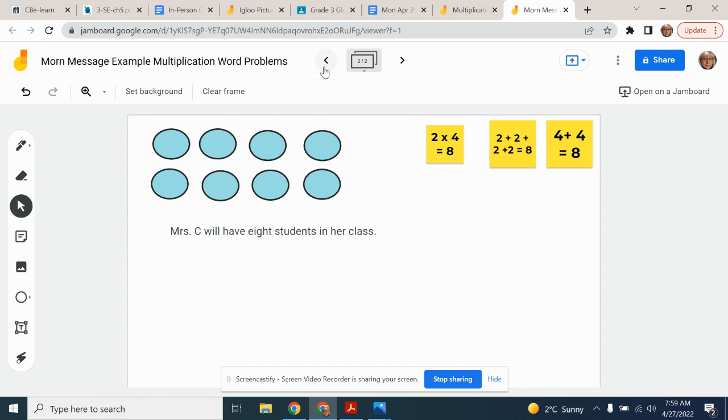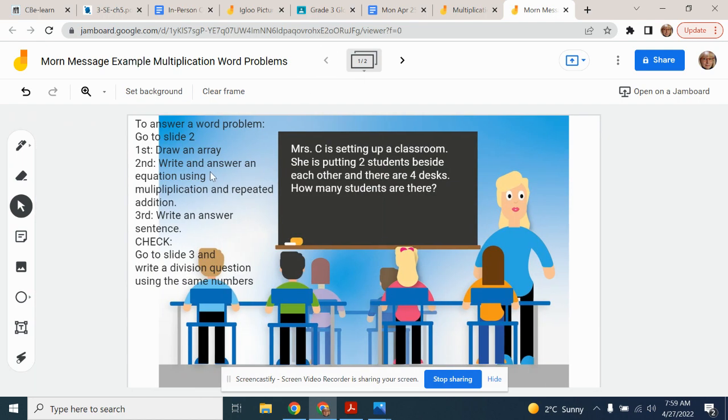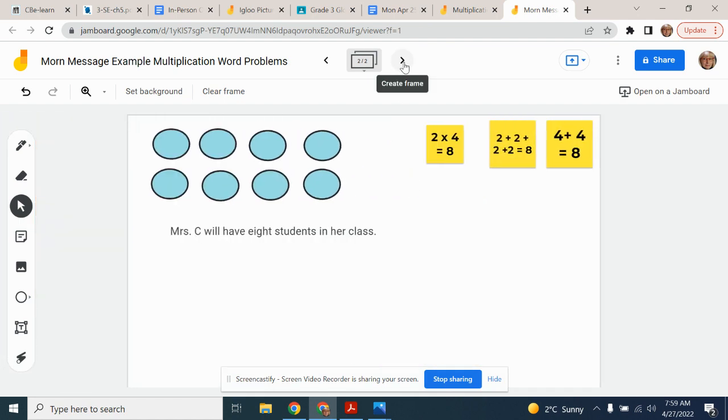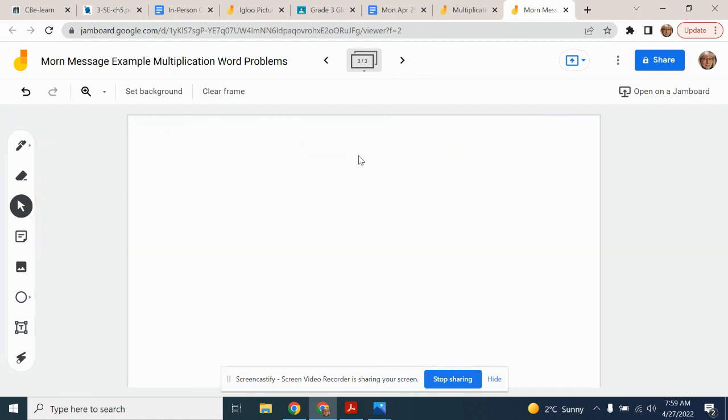Okay, so we've done everything that we need to do for the first part on slide 2. Then it says check. Go to slide 3 and write a division question using the same numbers. Same numbers, division question. Okay, here's what you would write. Mrs. C. Now you start with the product, which is the answer of the previous question, which was 8.